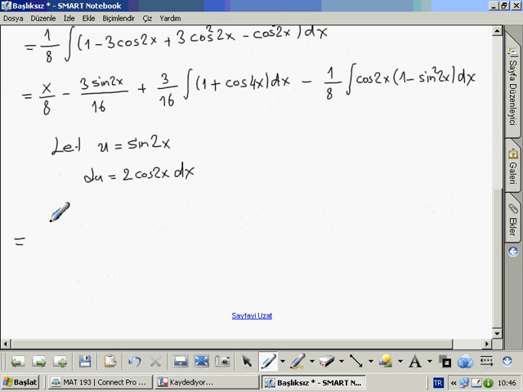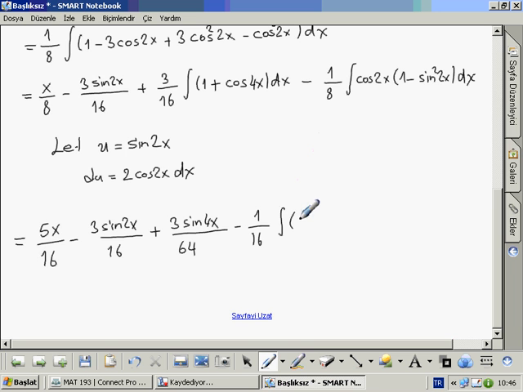And after that, continue: 5x over 16, because here will come 3x over 16, and here will be 2x over 16, and it will be 5x over 16, minus 3 sine 2x over 16 plus 3 times sine 4x over 64, and minus 1/16 integral of 1 minus u square du, because cosine 2x dx was du over 2.